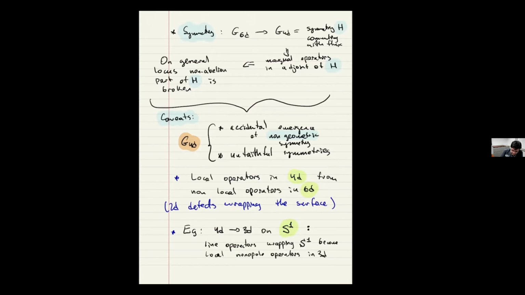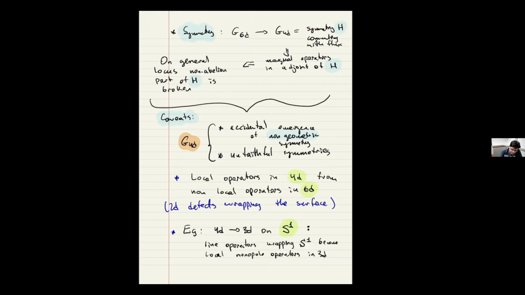As in 4 dimensions, we can ask ourselves what happens with the symmetry. If we have some symmetry in 6 dimensions, since we turn on some flux on the Riemann surface, we preserve some fraction of this 6-dimensional symmetry. Naively, the 6-dimensional symmetry which is preserved is the symmetry which commutes with the choice of flux.